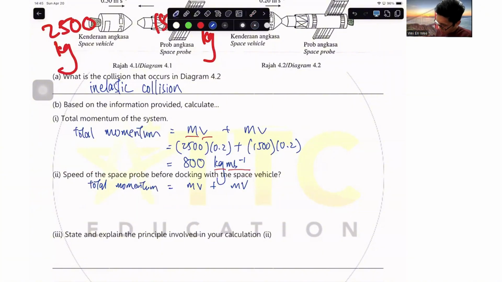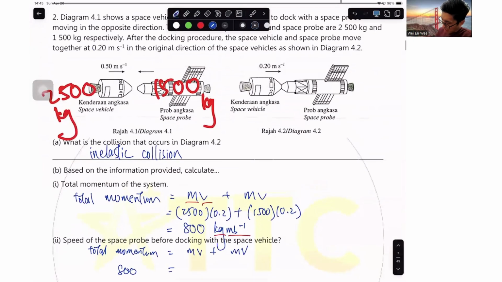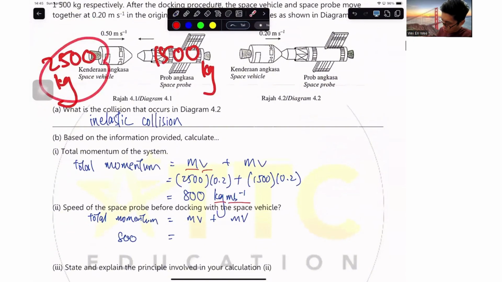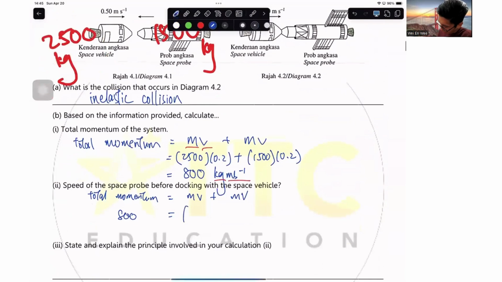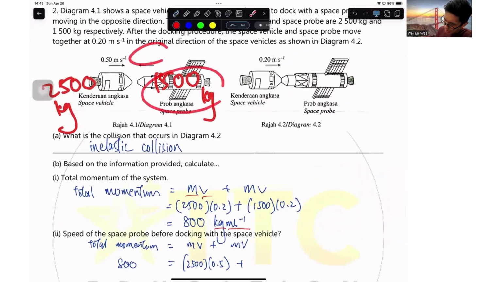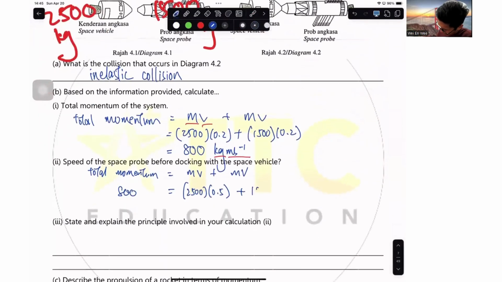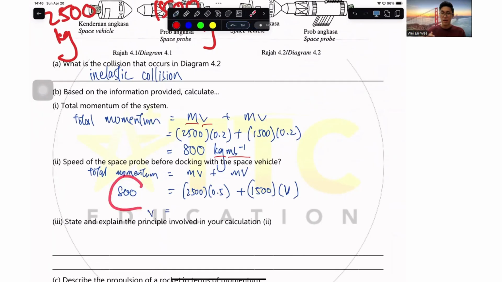I know this total momentum is 800 already. So if I use back just now what I wanted to do just now, 2,500 times 0.5, and then plus 1,500 times unknown. Okay, so now you can get what is the initial speed already, because now I already know the total momentum.